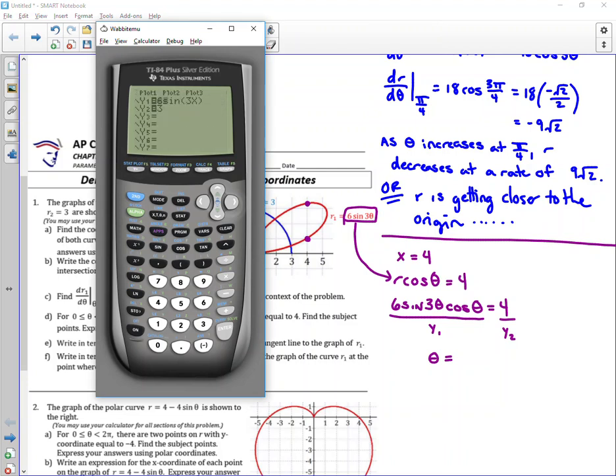So 6 sine 3 theta times cosine theta, and y2 is 4 this time. But we still just want the interval 0 to pi over 2, the window. And if we did it right, there should be 2 places. There are. Because the question said pi over 2.